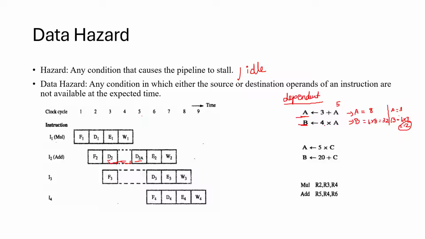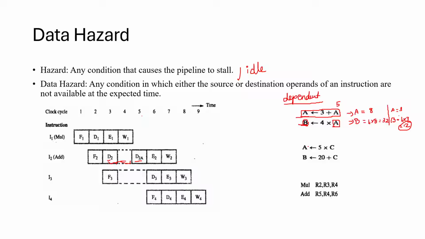So the A value which has been taken, before operation 1 updates the value of A, if operation 2 reads the value A, it generates the wrong result.